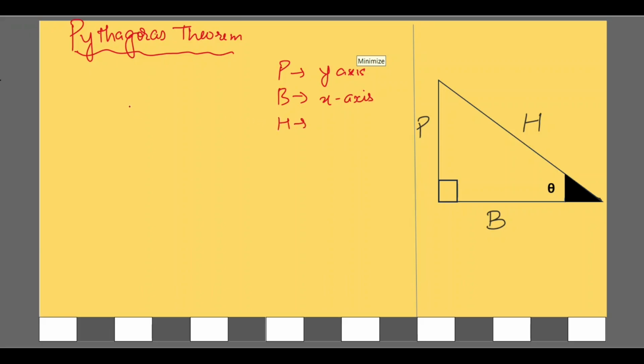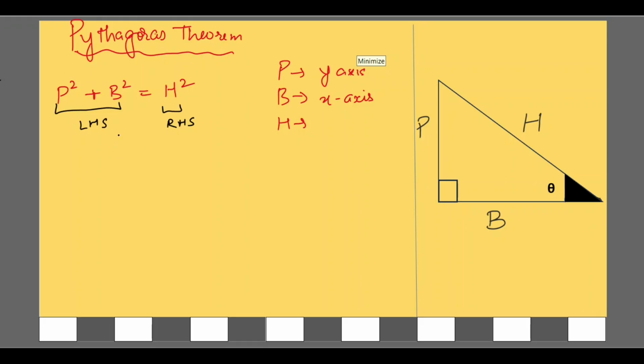Okay. So in the Pythagoras theorem, the sum of perpendicular square plus base square is equal to hypotenuse square, right? Let me call this the left hand side and this the right hand side.